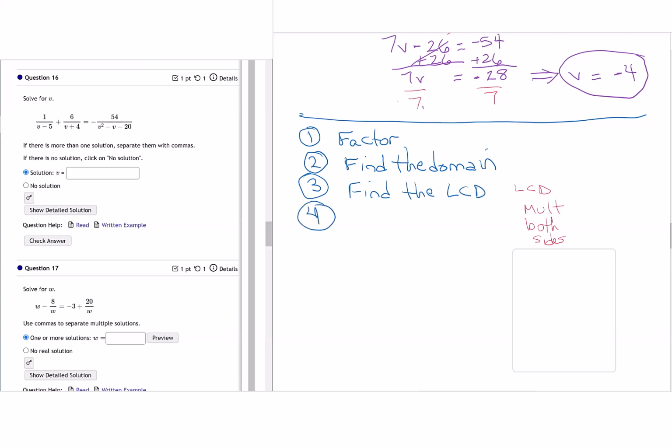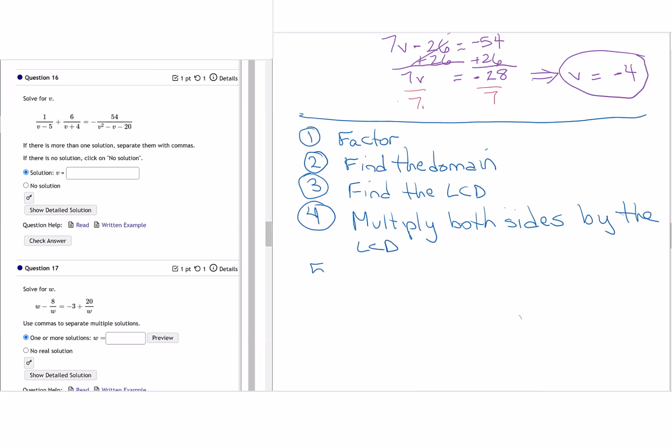Number 4, multiply both sides by the LCD. Simplify, which is really the same as cancel. Cancel whatever you can.